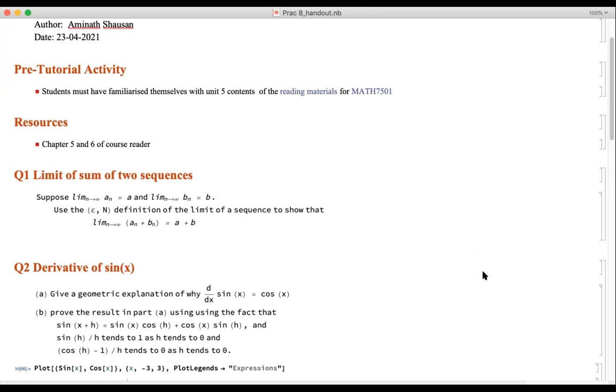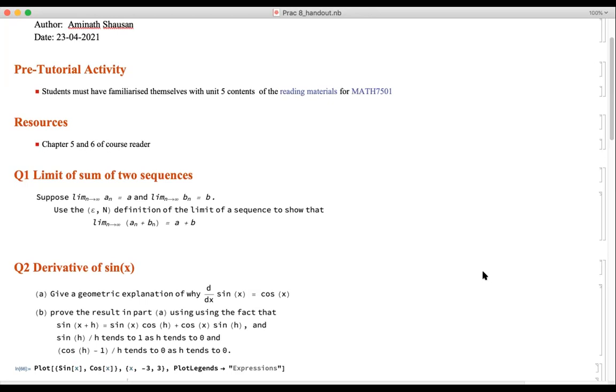So intuitively, for any given positive small number, you can choose an N such that the sequence is bounded within that epsilon neighborhood. That's the intuitive definition.